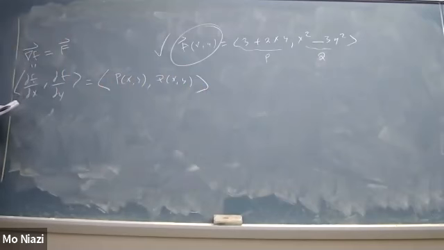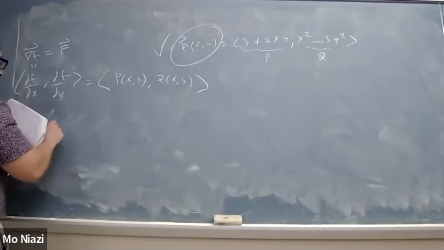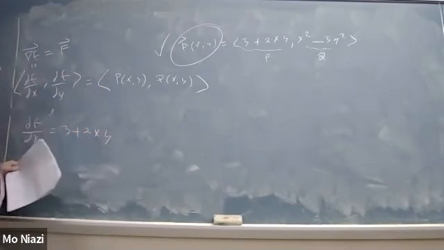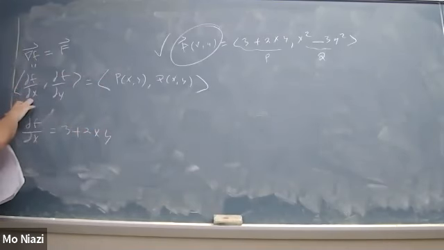Well, if that's the case, what is this partial f, partial x? Partial f, partial x is just taking the derivative of a function, okay? And we know what partial f, partial x is because we know it should equal this. How did we even set this equal to that?